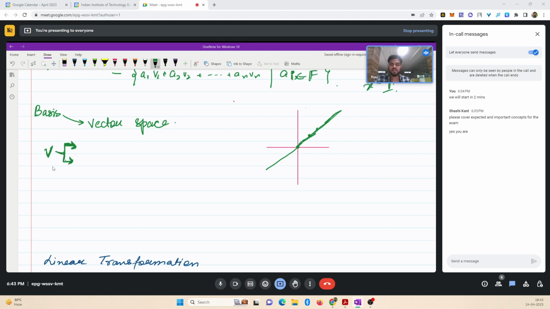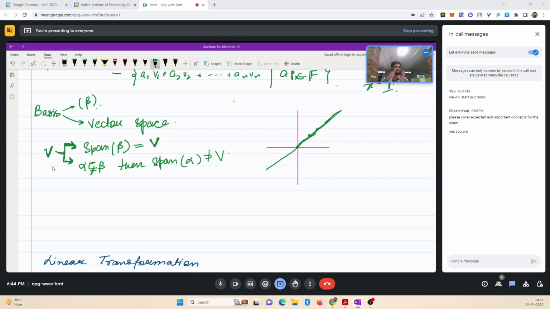First of all, let's call the basis beta. Beta is my notation that I'm using for basis. So the span of this basis set beta is the complete V. And the second property is that if alpha is a proper subset of V, then span of alpha is not equal to V.